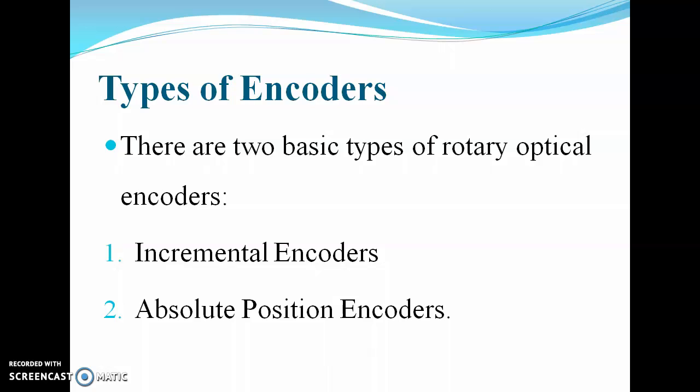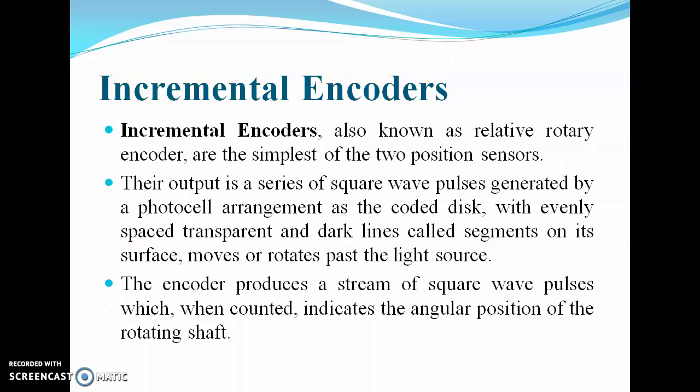Now, there are basically two types of encoders: incremental encoders and absolute position encoders. Let us see the first one, incremental encoders. Incremental encoders are also known as relative rotary encoders, as the simplest of the two position sensors.